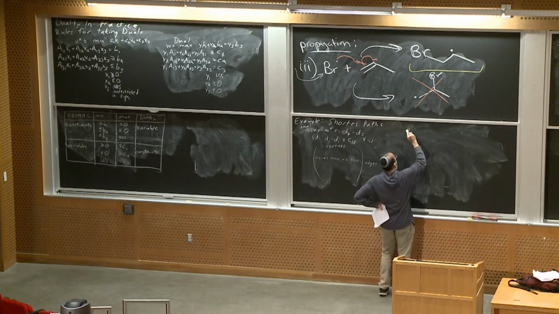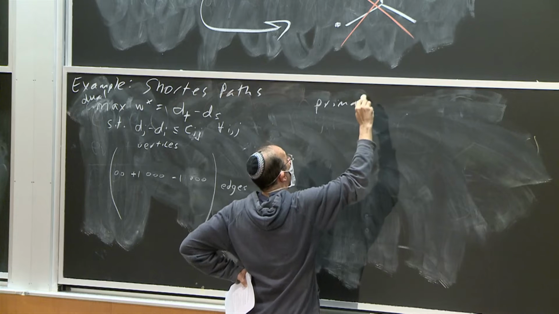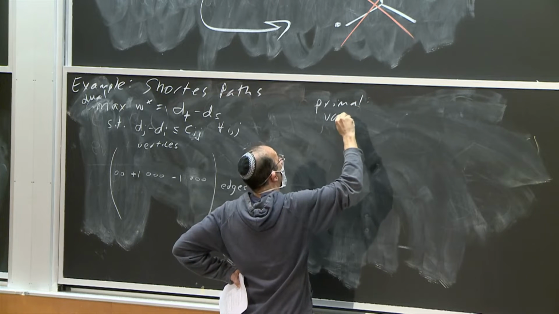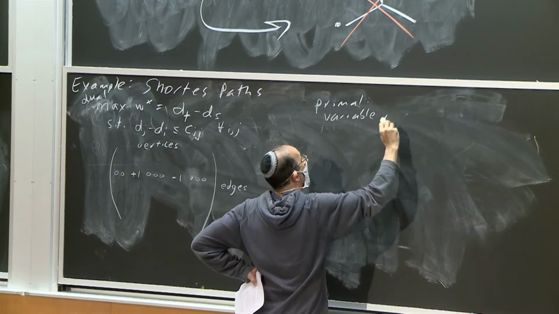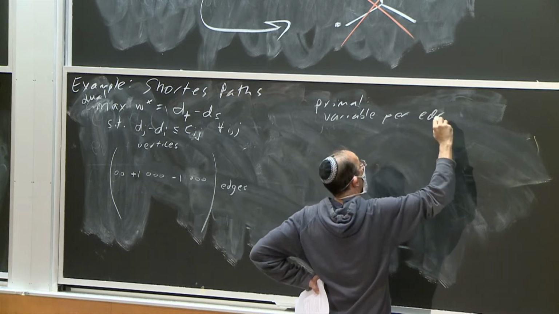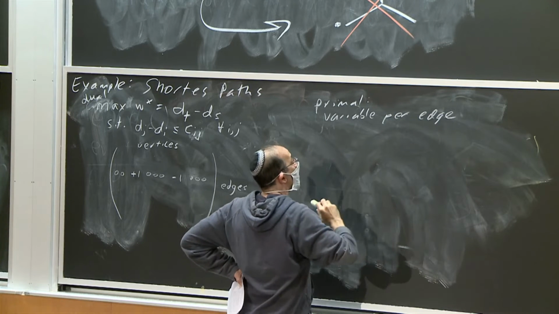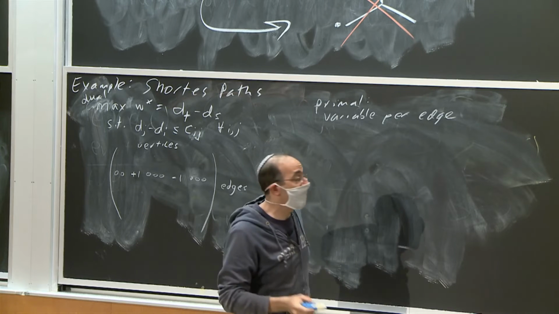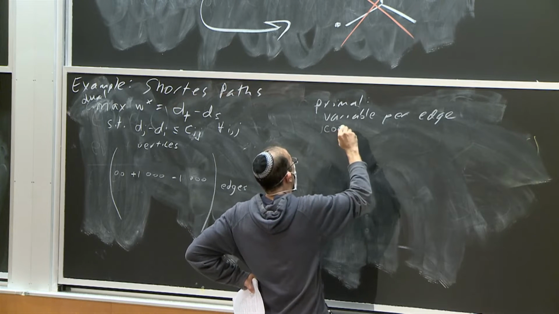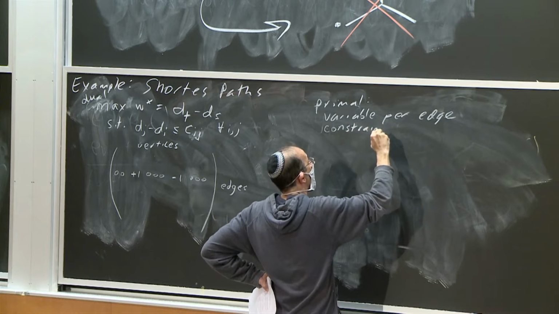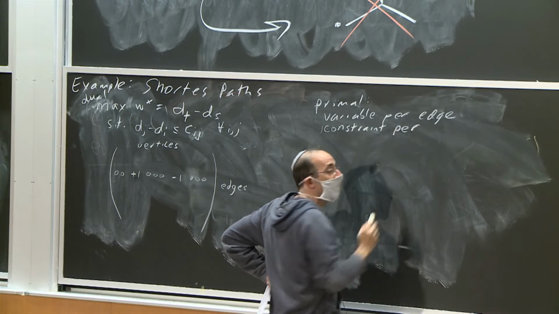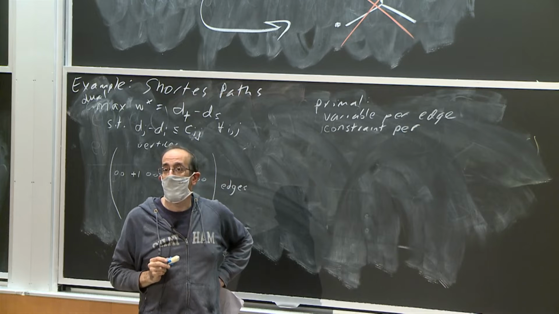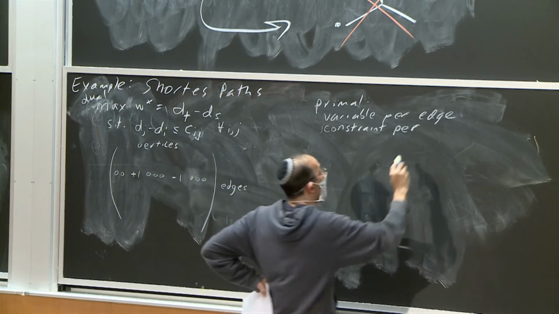If I look at the primal, I'm going to have a variable per edge. Right? Because before there was a constraint per edge, now there's a variable per edge. And I'm going to have a constraint per node.